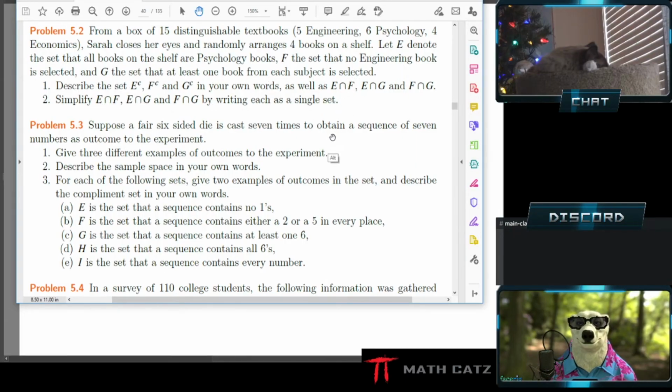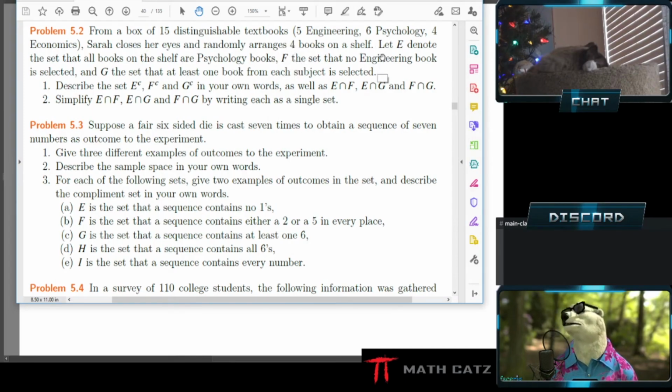So this is why I like to think, when it comes to something more practical, of sets as restrictions or requirements. Being Sarah, I can select any 4 books and arrange them on the shelf any way I want.